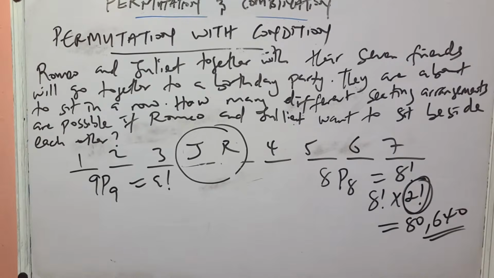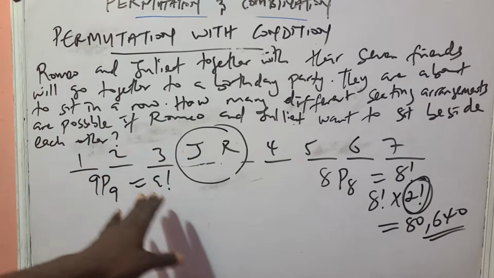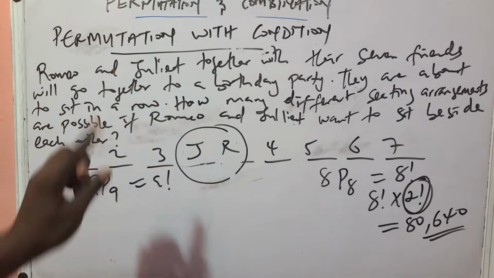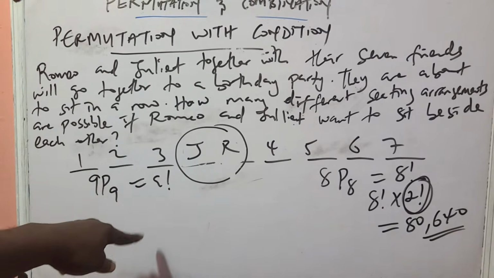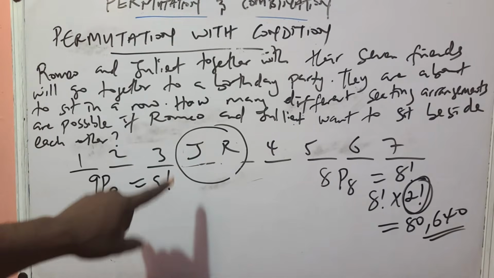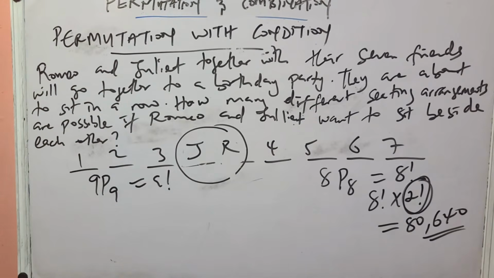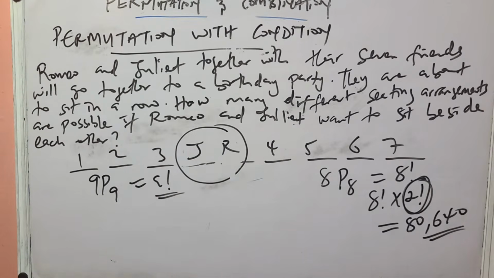That's how you're going to arrange 9 of them if there were no conditions at all. But look at the condition that was attached now. The condition said that among those 9 people, Romeo and Juliet must not be near each other. See, inside this 9 factorial, I want you to know that situations will arise where Romeo and Juliet were sitting near each other, because this is not free from Romeo and Juliet sitting near each other.